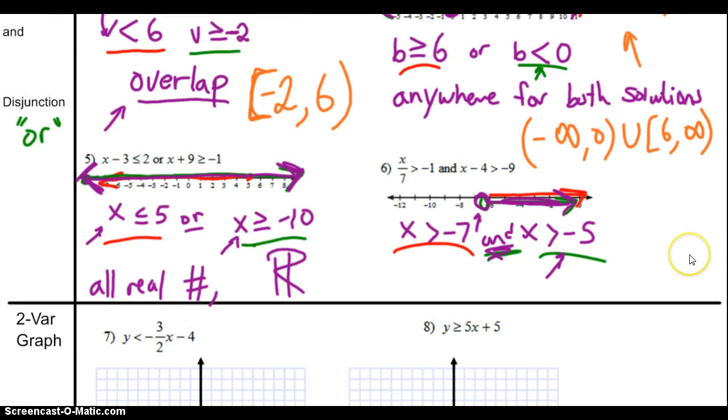All right. Down here, we've got all real numbers. You could also do -infinity to infinity. And for number 6, looks like we've got a domain of 5 to infinity, not including 5. All right, I hope this has been informative for you guys, and we'll talk about inequalities and how to do them on graphs next time.